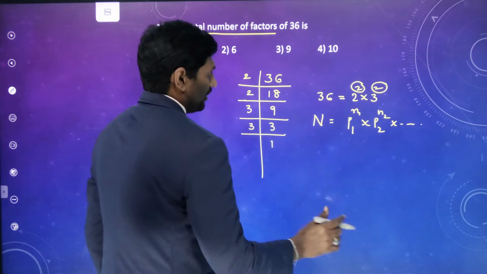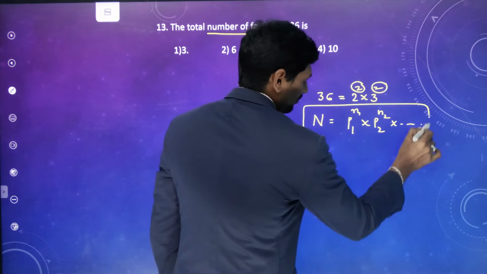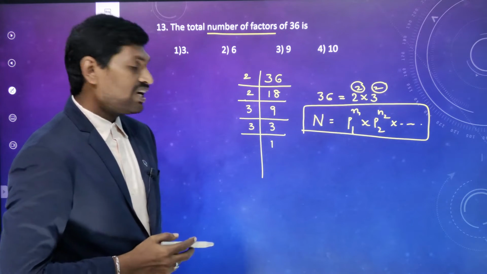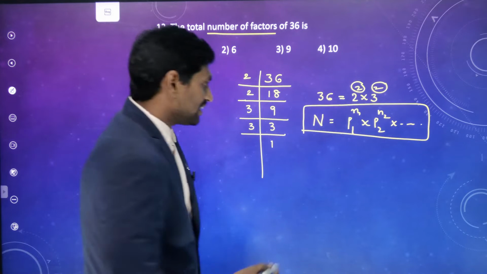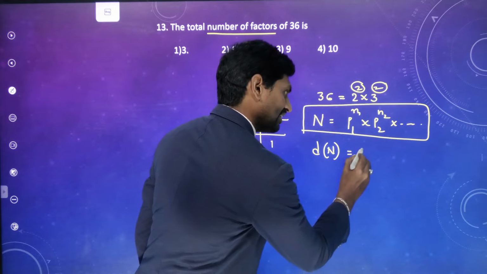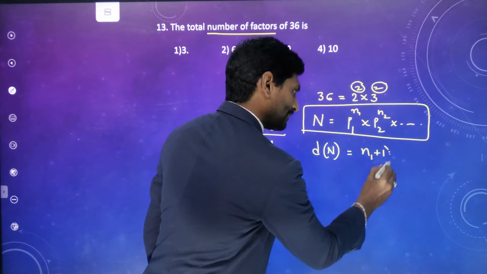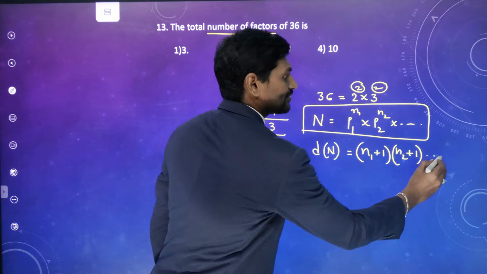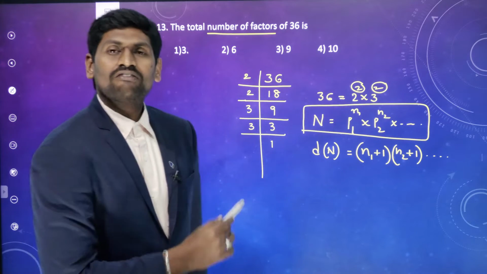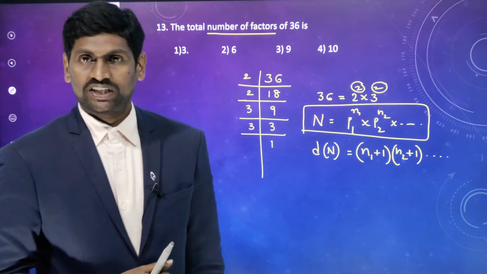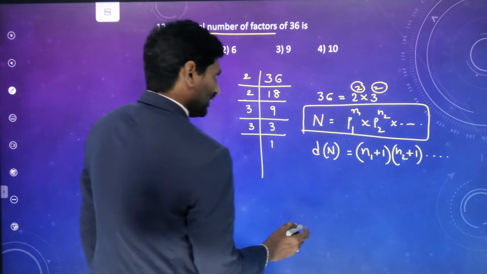For this type, if a number is in the form n equals p1 power n1 into p2 power n2 like that, the number of divisors formula is (n1 plus 1) into (n2 plus 1) and so on, where n1 and n2 are exponents of the prime numbers respectively. So let us find it.